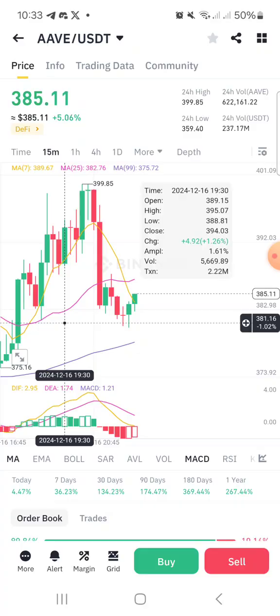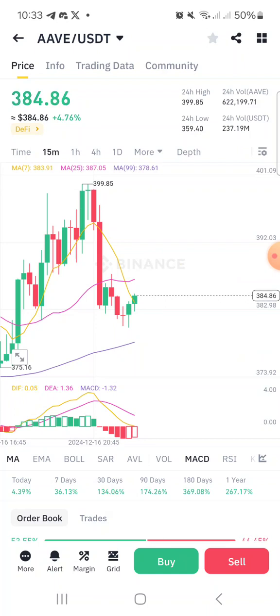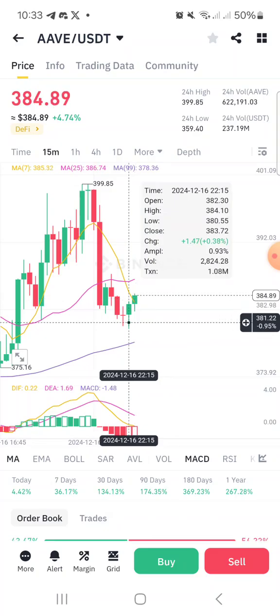So that said, I can come a bit lower, 378, as my stop loss, not my support. As for the support, we are already almost past it, because if you look at the current price, 384, 385, that's okay. Ideally the support should have been somewhere here, which is 381.